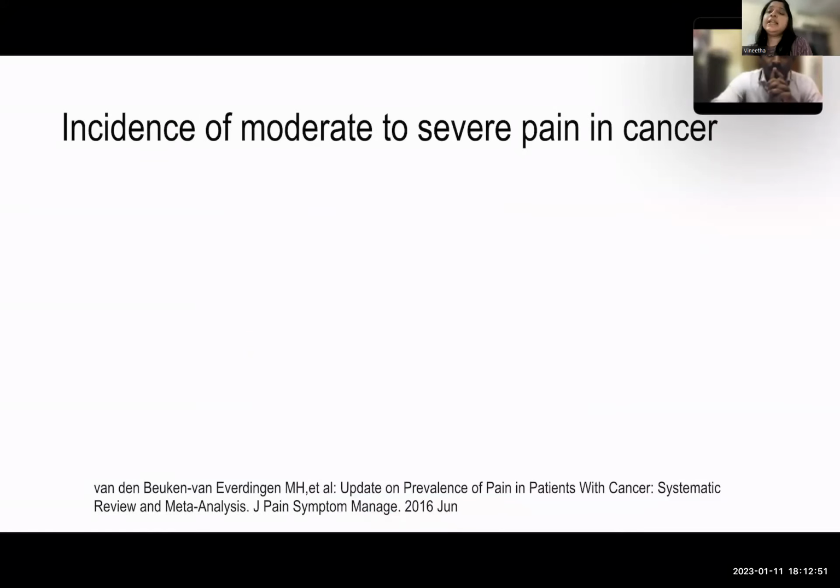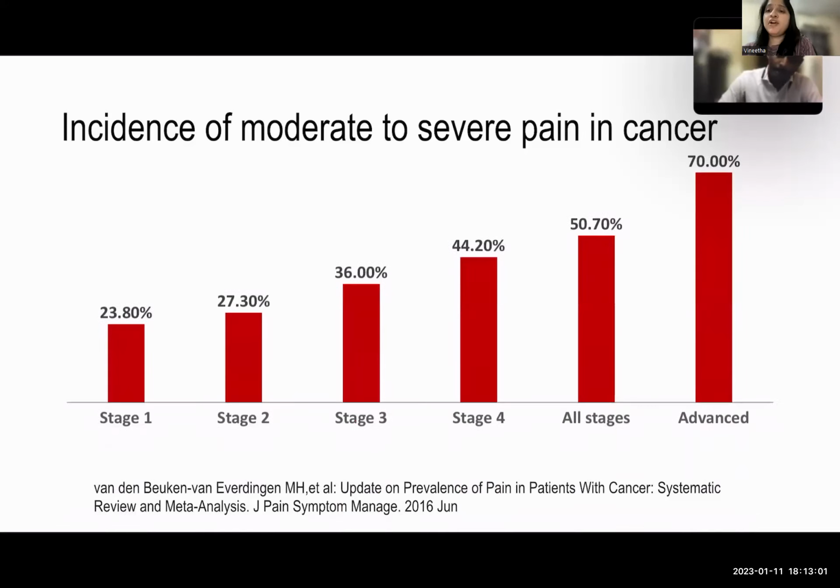Now, a little bit about the incidence of moderate or severe pain in cancer. This study was published in 2016. It found that if you take all the stages together, the occurrence of moderate to severe pain is around 50%. It is not about mild pain.